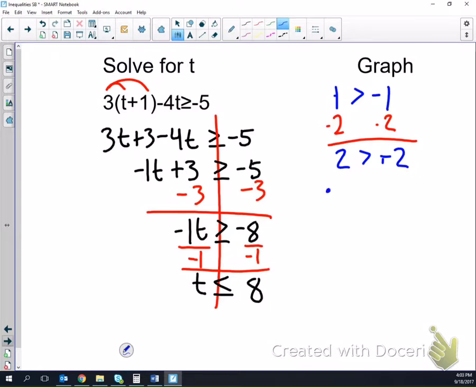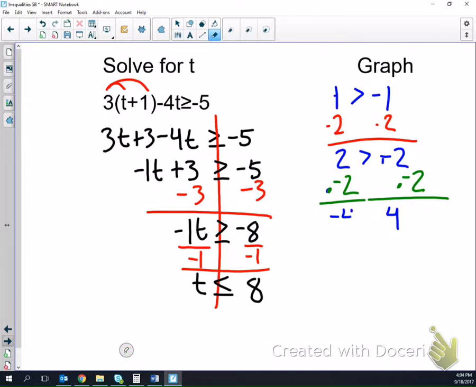If I multiply this, though, by, let's say, -2 this time, so rather than positive 2, I'm going to multiply by a negative, now that becomes -4 here and positive 4 here. So now we notice that sign can't stay the same. I need to switch it around. That sign now needs to say that we're using less than.